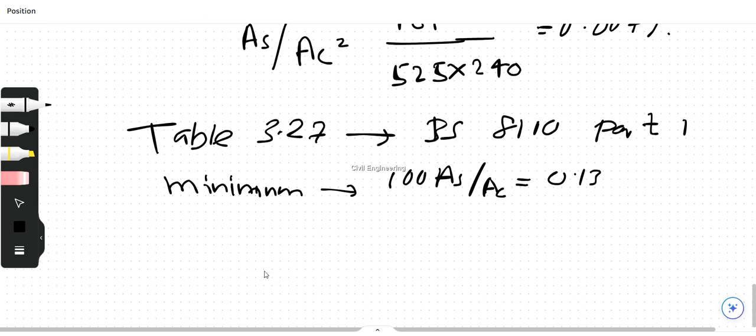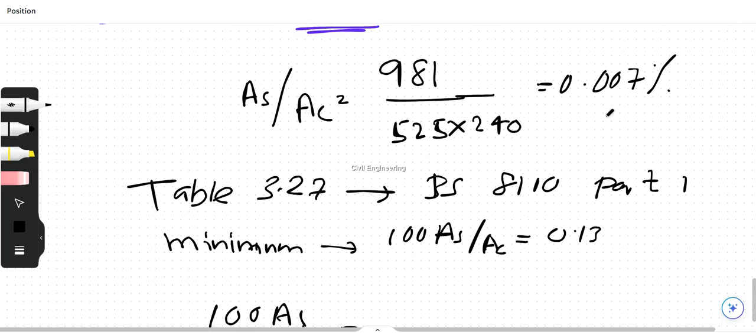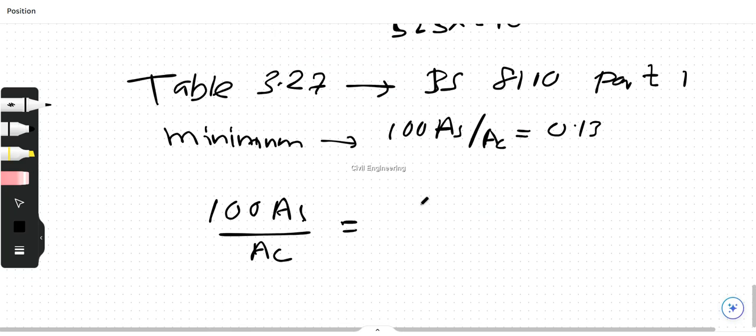In our case, we have to multiply this value by 100, it means 0.7, that is greater than 0.13. It means we have satisfied the minimum value.